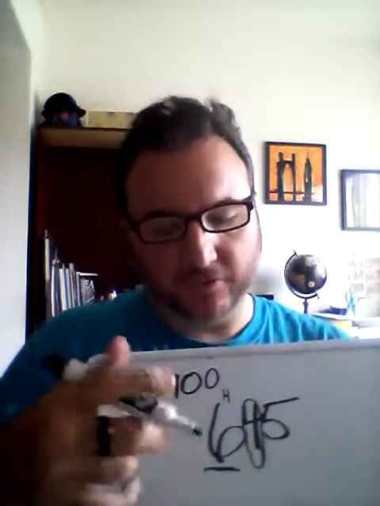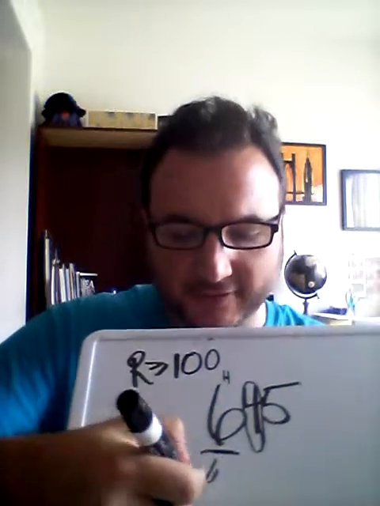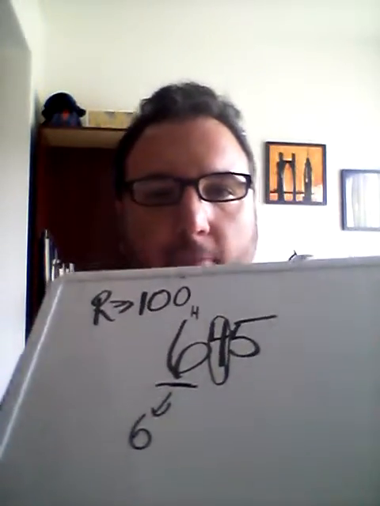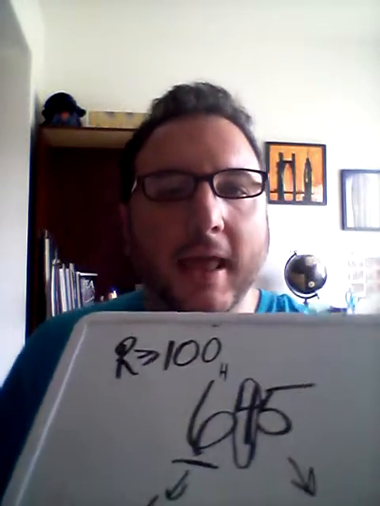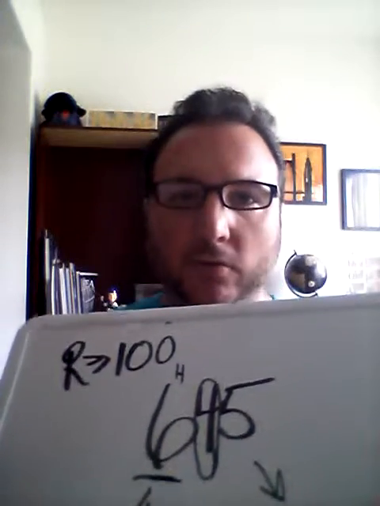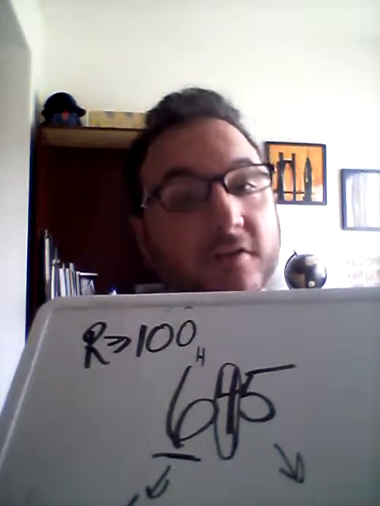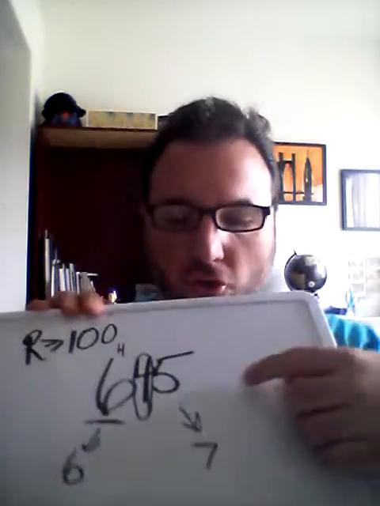So I have this 6. I'm going to draw an arrow, and copy that 6 underneath. On the right side of the number, I'm going to draw another arrow, and I say to myself, what number comes after 6 when I count normally? 6, 7. It's going to be 7. No, it's not a 5.